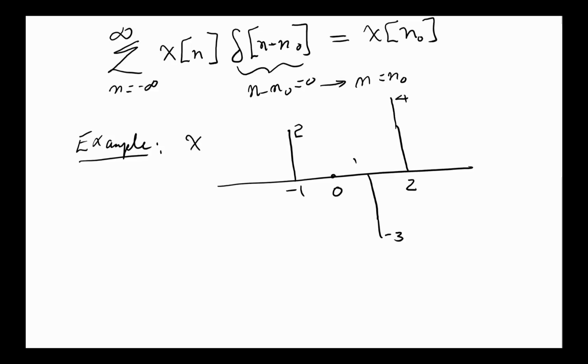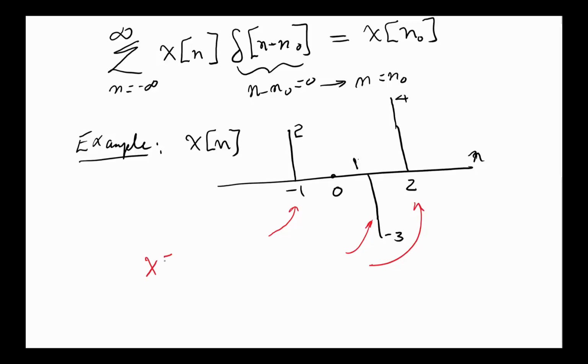If this is an x of n, and somebody asked me, can you use impulses to write this function? The answer is yeah, we could do that. All we have to do is basically say there is an impulse function right here, an impulse function right here, and an impulse function right here.